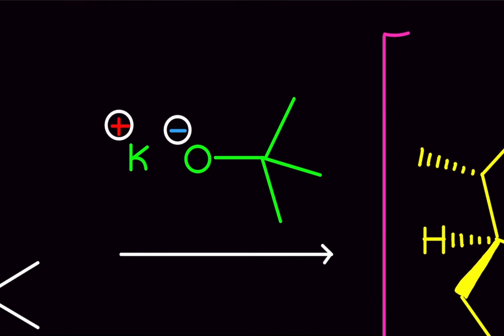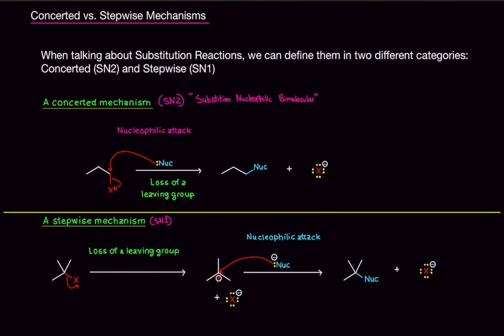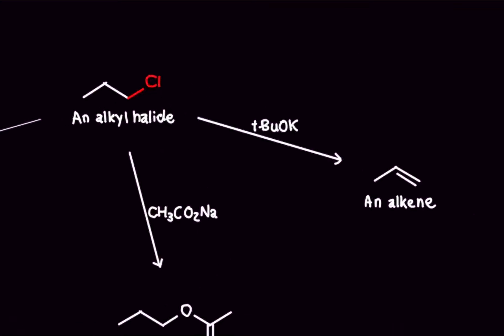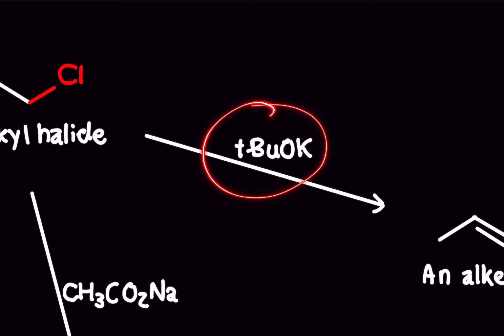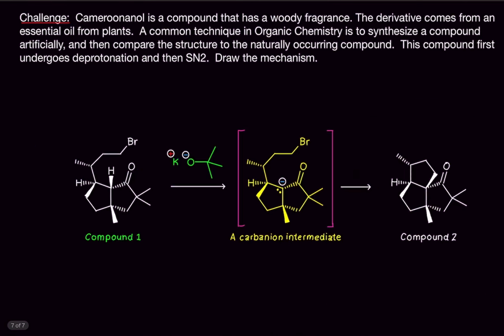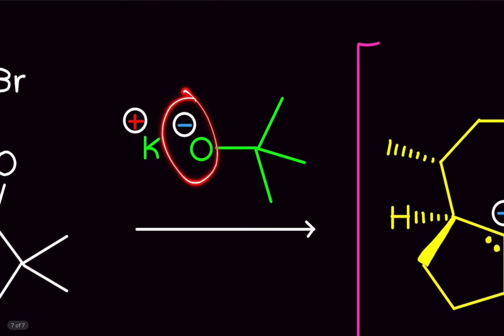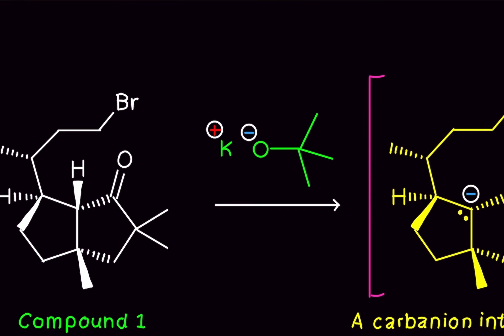So whenever you see potassium, like this, it does nothing for our instance. It's basically a nucleophile in a way. The negative charge oxygen is what does stuff.